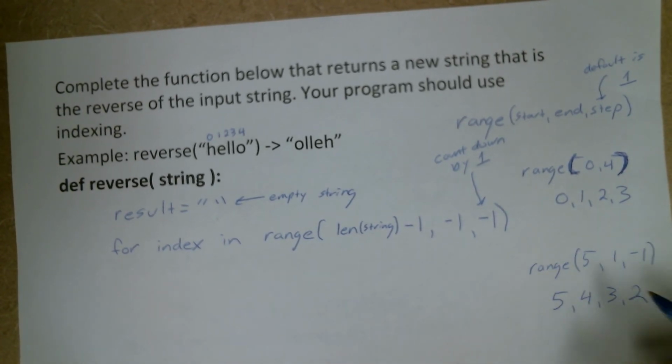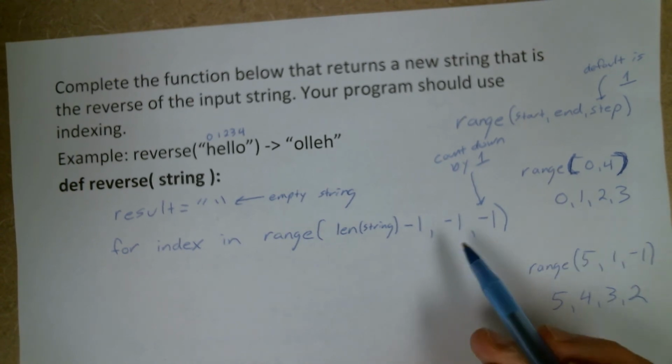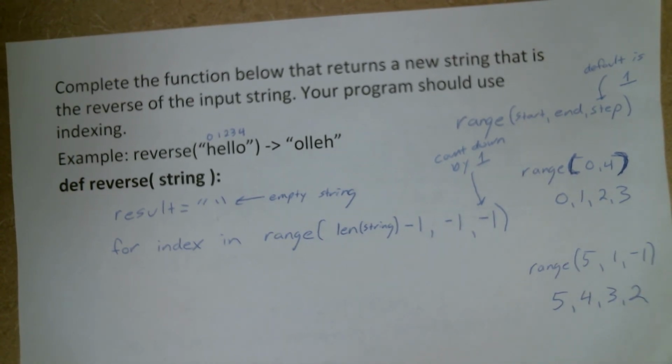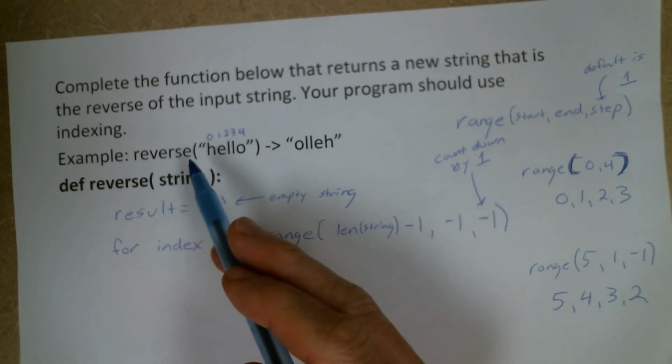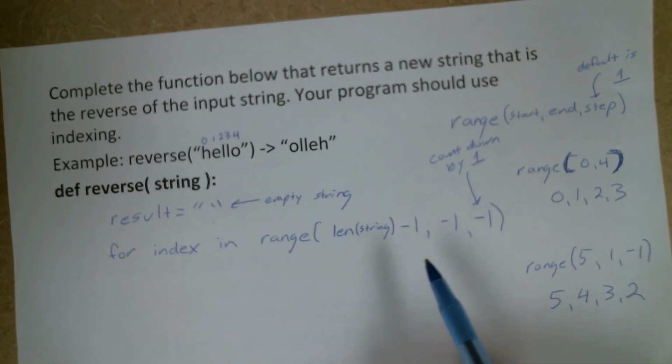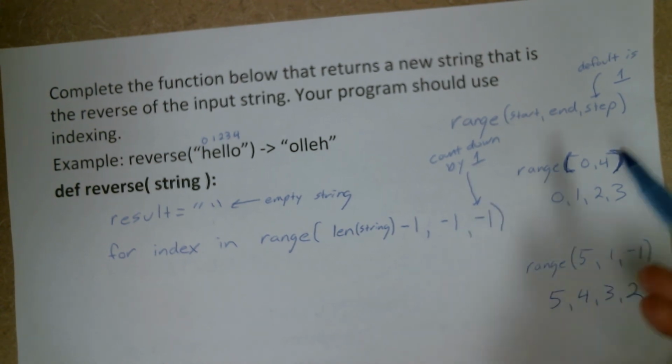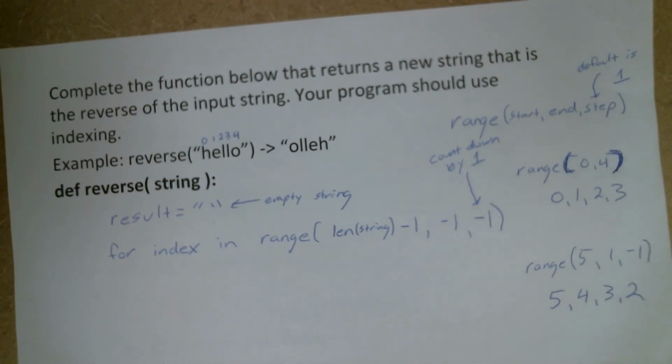It doesn't get to that last value, which is why we had to go to -1, so that we'll get, in this case, 4, 3, 2, 1, 0. This new part here is the step, and that's going to allow us to count backwards.